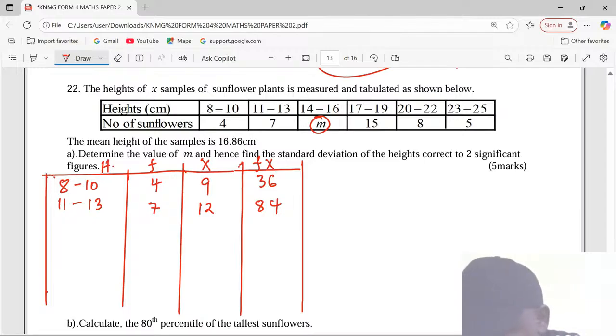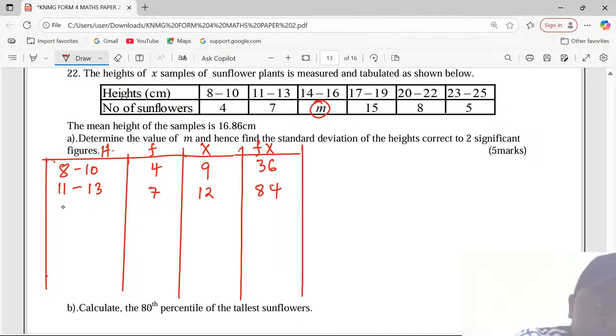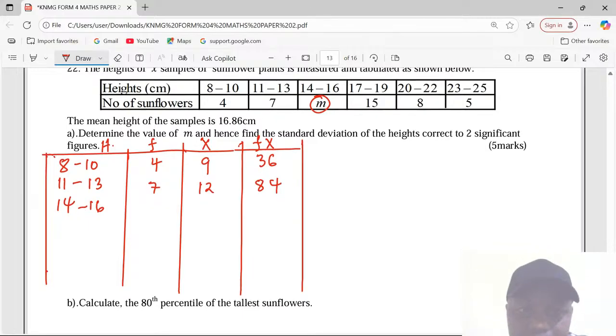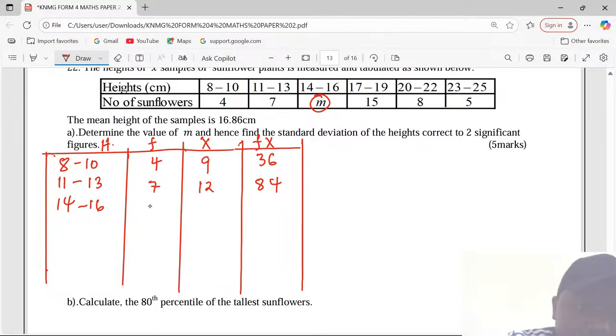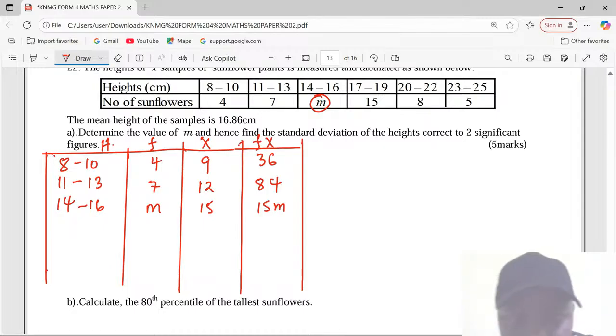Then 14 to 16, and we have M. The midpoint is 15, so we get 15 times M, 15M.